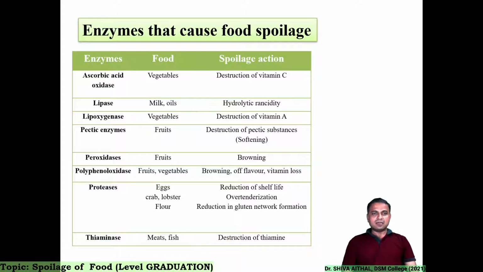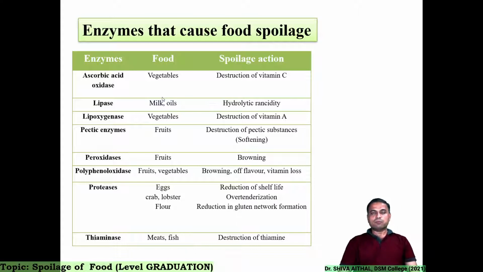Enzymes like ascorbic acid oxidase, which oxidizes the ascorbic acid present in vegetables. Okay, the first one, ascorbic acid oxidase, is present in the vegetables. It destroys vitamin C, and that gives rise to a non-acceptable food. Lipase is an enzyme which acts on lipids.